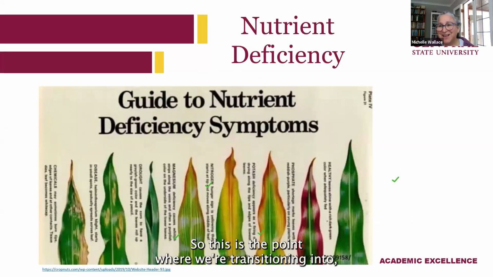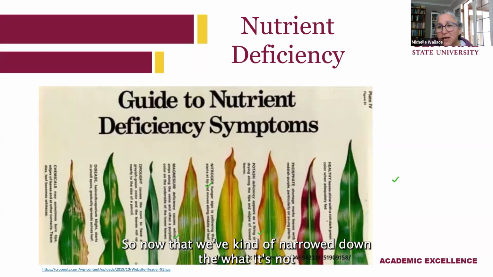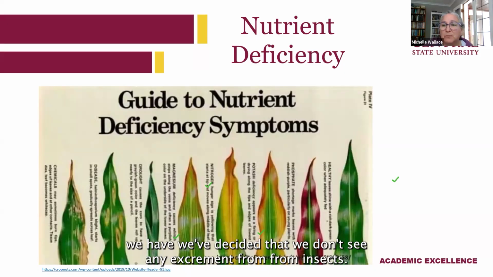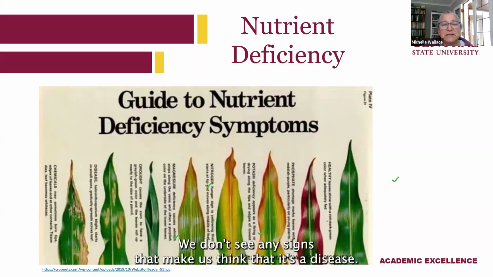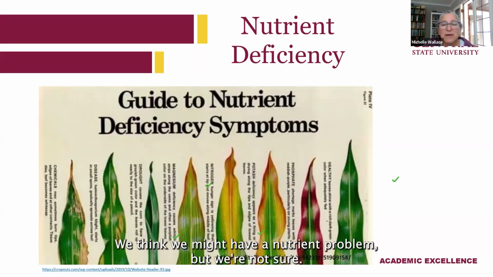So this is the point where we're transitioning into what the talk is focused on. Now that we've narrowed down what it's not, we've decided that we don't see any excrement from insects. We don't see any signs that make us think that it's a disease. We think we might have a nutrient problem, but we're not sure.